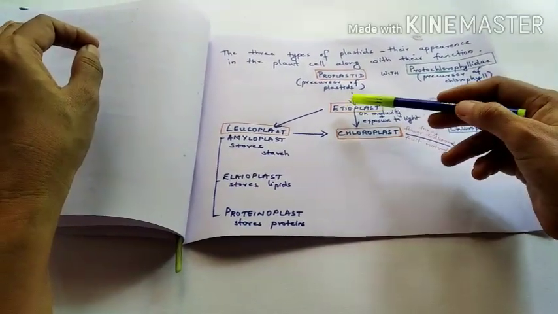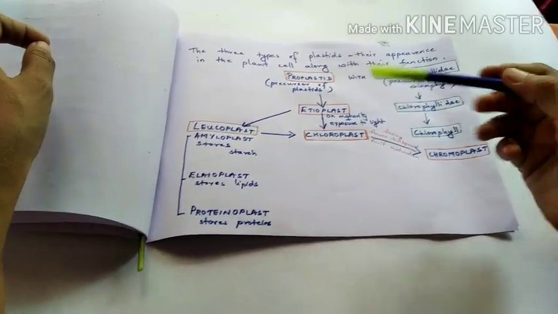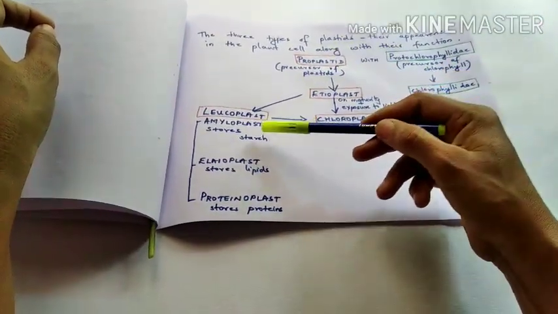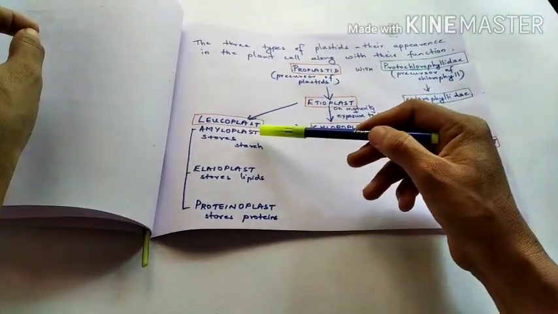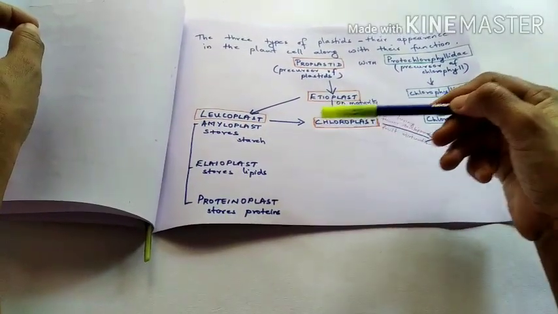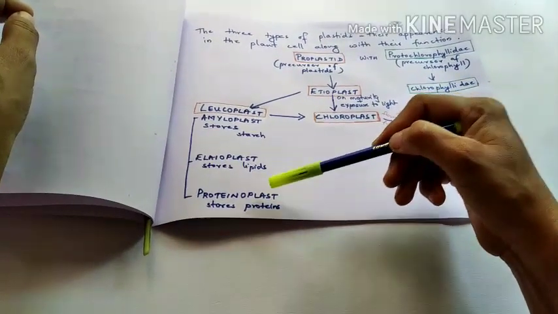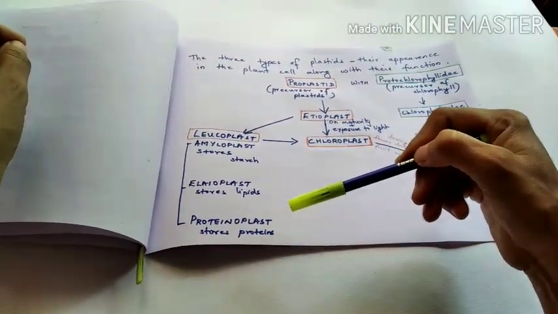The etioplast can also get converted to the leucoplast. The leucoplasts are normally of three kinds: amyloplast, depending upon what it stores, that is starch; elaioplast, as it stores lipids; and proteinoplast, named so because it stores proteins.